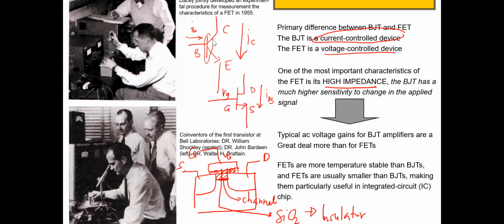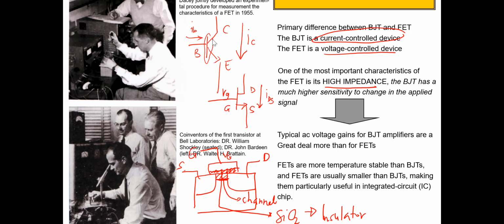So if you want to design an amplifier and get a higher voltage gain, BJT is more appropriate than the FET, but the sensitivity is higher than the FET.